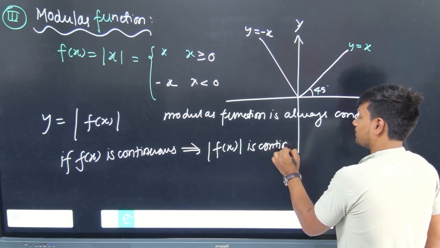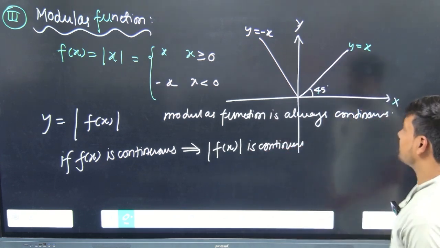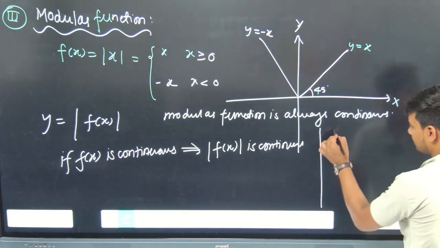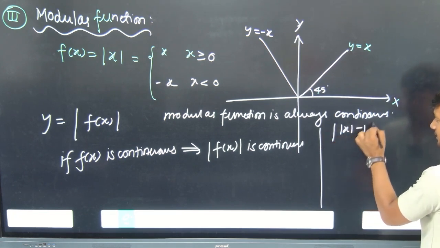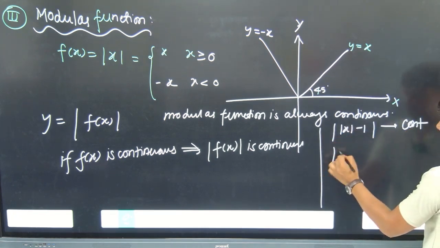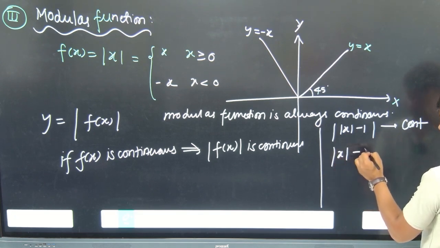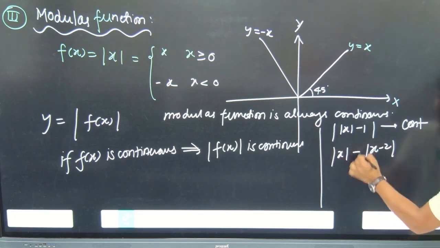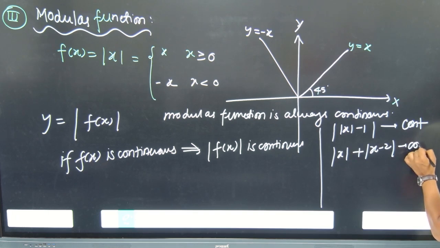Okay, so for example, if you are taking a function like mod x minus 1, this is continuous. Mod x minus 2, this is continuous everywhere.